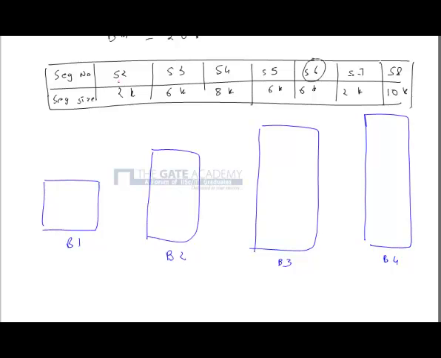So first request is S2, it requires 2K. So B1 is having 4K free space, so it will be allocated to B1. Then next is S3, it requires 6K, so it will be assigned to B2.